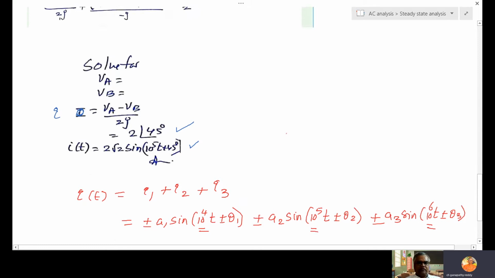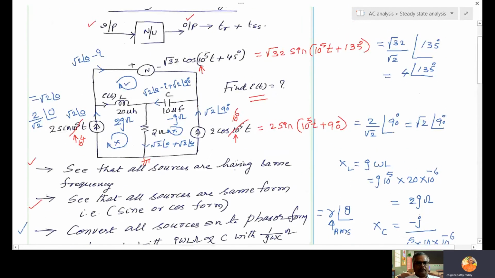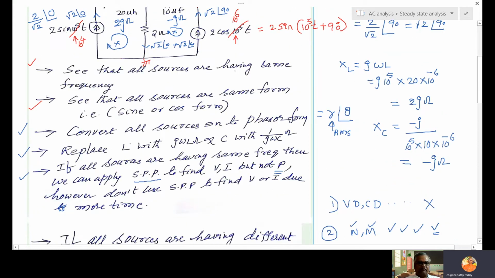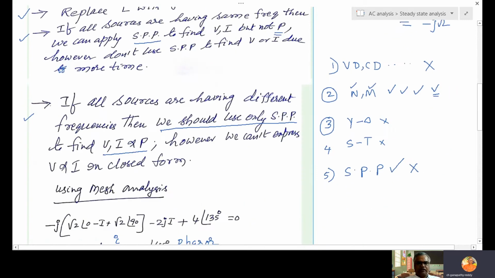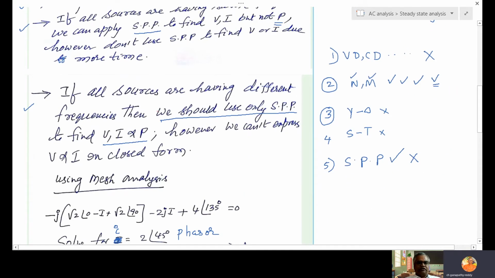So this is the general procedure. Let me revise again. See that all sources have the same frequency. If all have the same frequency, repeat the second, third, fourth, and fifth steps. If source frequencies are different, directly jump to the sixth step.